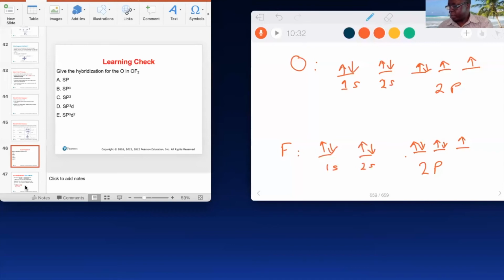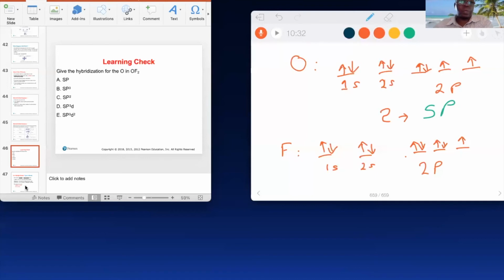In this case, the valence shell is 2. When we say shell, it's like we are in what? We are in level 2. Let's say level 1, level 2 in a building or an apartment. So what we are using for oxygen here for bonding is p. All right.